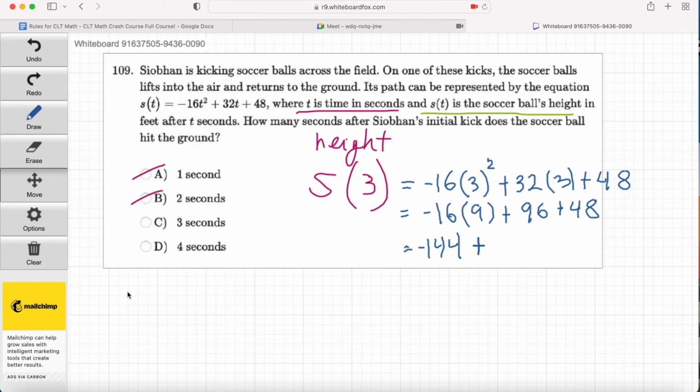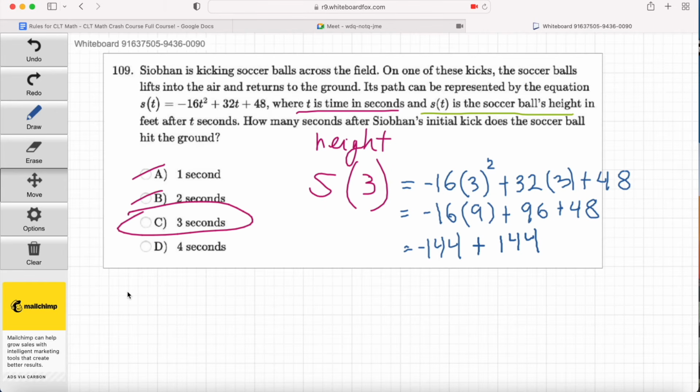So 96 plus 48 is just going to be 4 less than 100 plus 48, which it is. It's 144. Booyah.